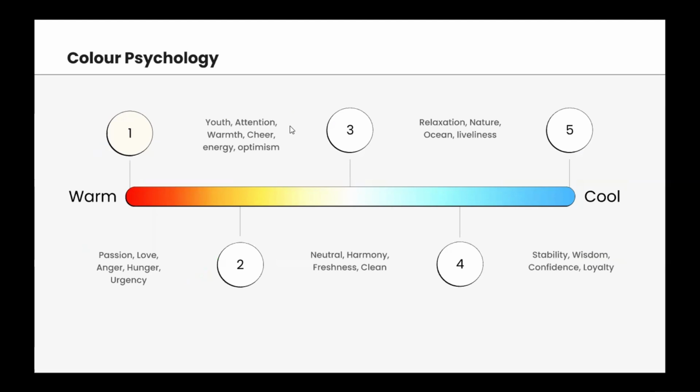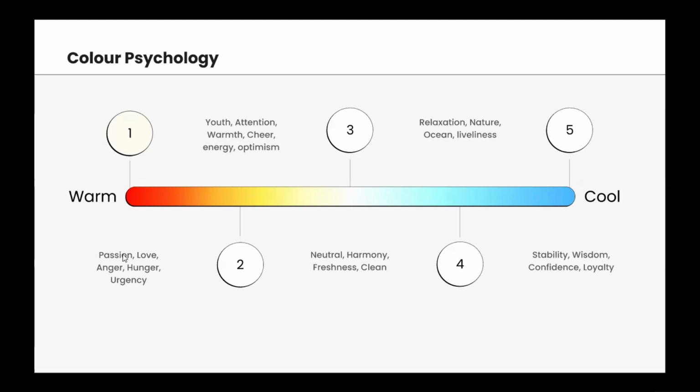From red, a warm color, to blue, they could mean different things. The red end could mean passion, love, anger. As it tunes down to yellow, it could mean warmth, cheer, energy, optimism, and attention. It could also mean youth.